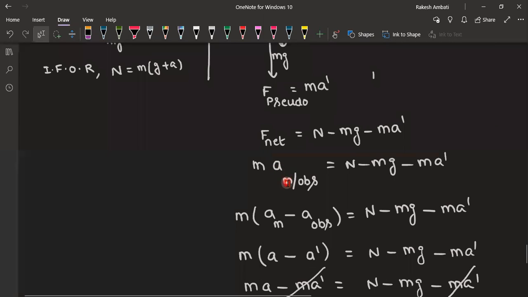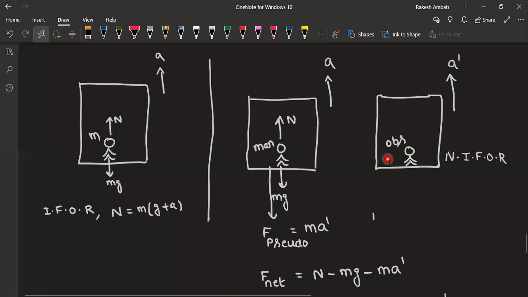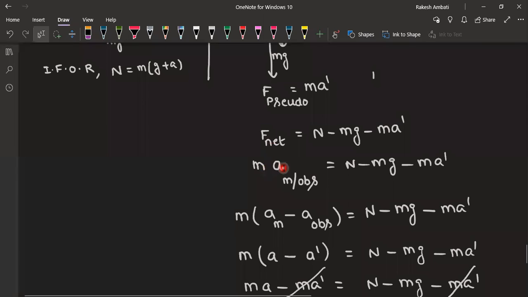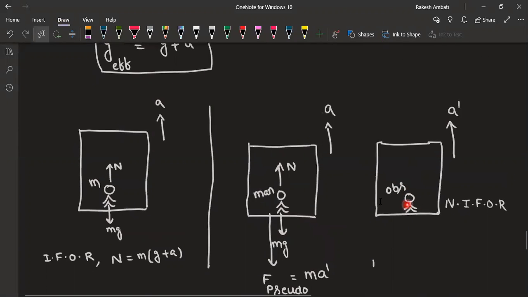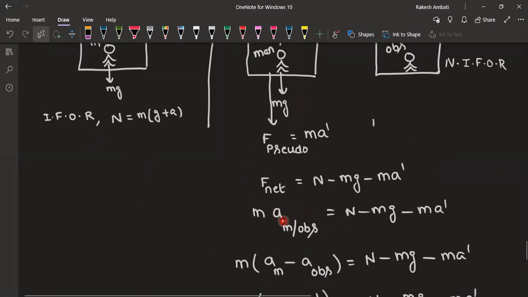But this motion of the man is observed by the observer. So whatever acceleration we write here is the acceleration of the man with respect to the observer.